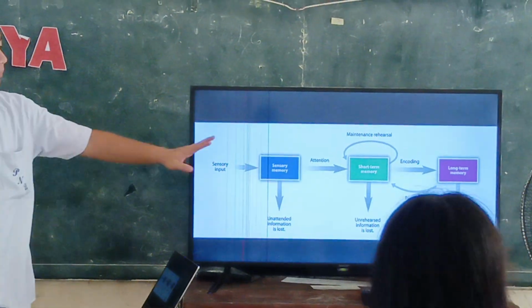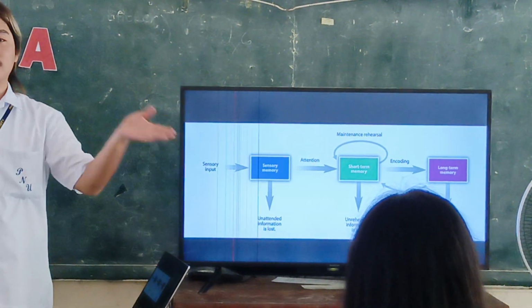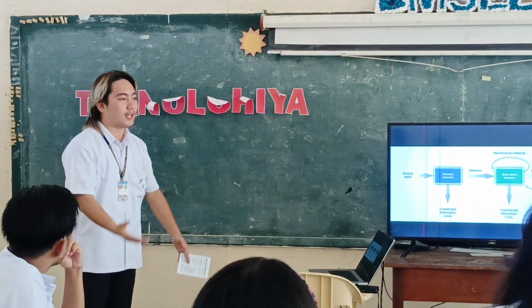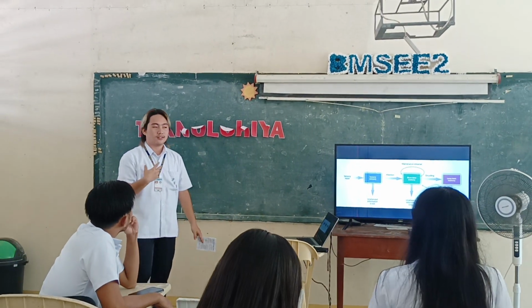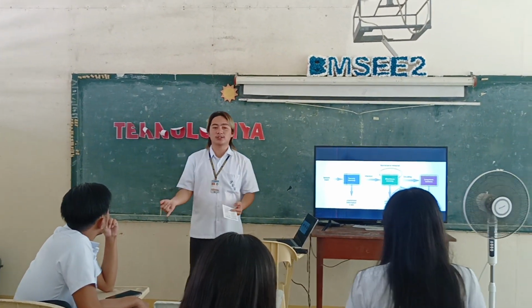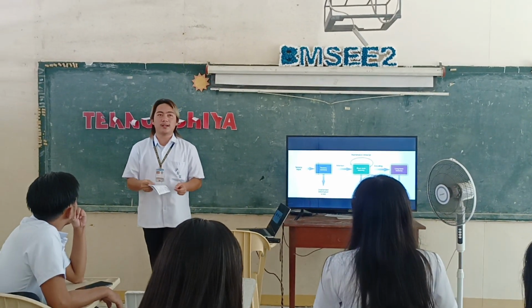And then the sensory input will be received by our sensory memory, our senses. After it is received, not everything is important. For example, you're walking from your boarding house to school.